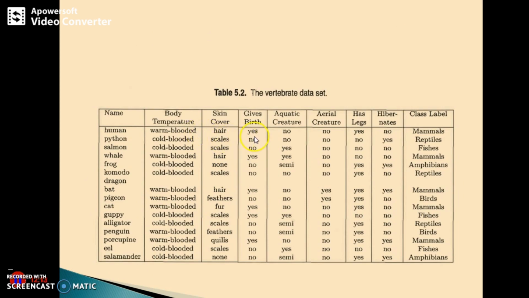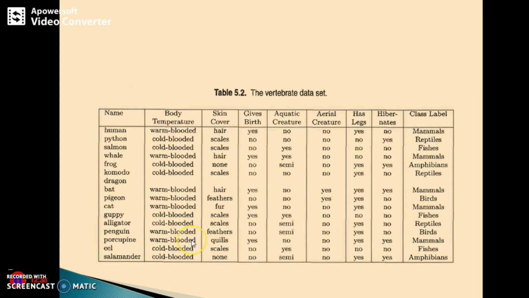Warm blooded, gives birth yes, then it is mammal, yes, the count is 1. Next, warm blooded, gives birth yes, mammal yes, count is 2. Again warm blooded, gives birth yes, mammals yes, count is 3. Again warm blooded, gives birth is no, I cannot take this. Next one, warm blooded, gives birth yes, mammals yes, count is 4.